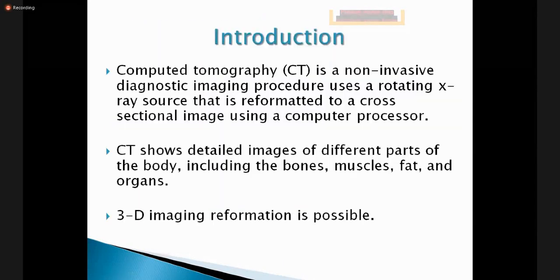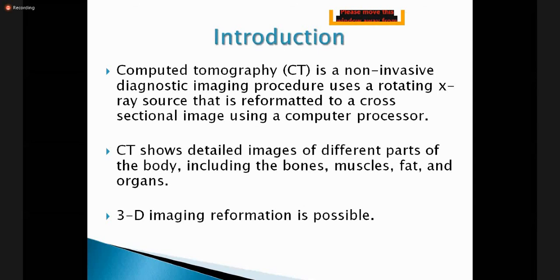Now the CT scan. The CT scan is a non-invasive diagnostic imaging procedure which uses a rotating X-ray source to reformat cross-sectional images using a computer process. CT shows detailed images of different parts of the body, including bone, muscle, fat, and organs. As compared to X-ray, CT gives more detail.